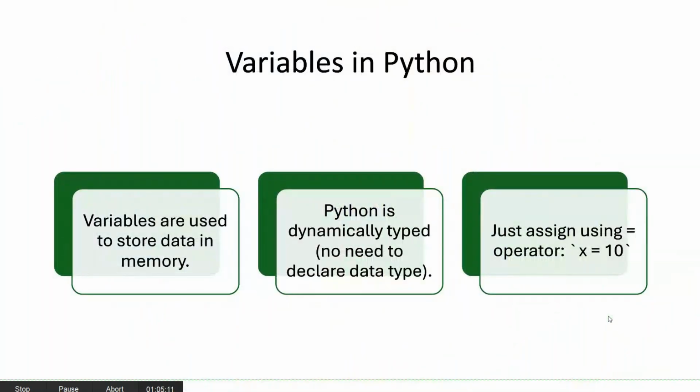Variables are used to store data in memory. Python is dynamically typed, so we need not declare a variable type upfront before we store any value into it. That is what this statement stands for.